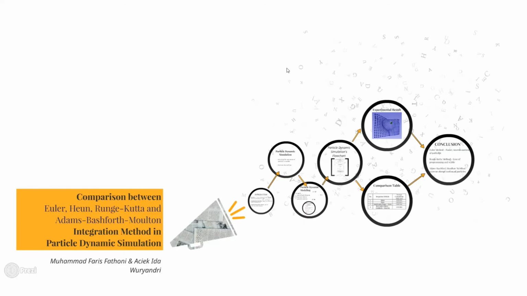Next, we will be talking about an article written by Muhammad Faris Fatoni and Aji Ida Wiryandi with the title Comparison between Euler, Runge-Kutta and Adams-Moulton Integration Methods in Particle Dynamic Simulation.